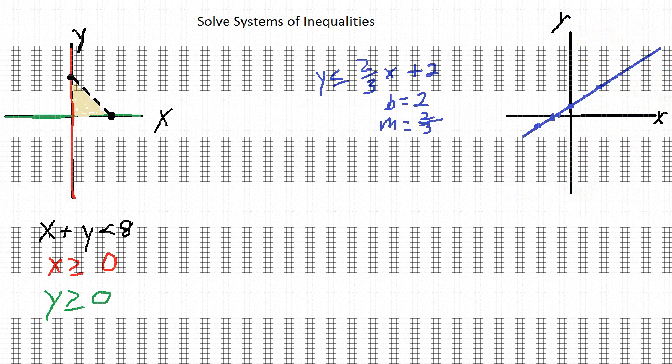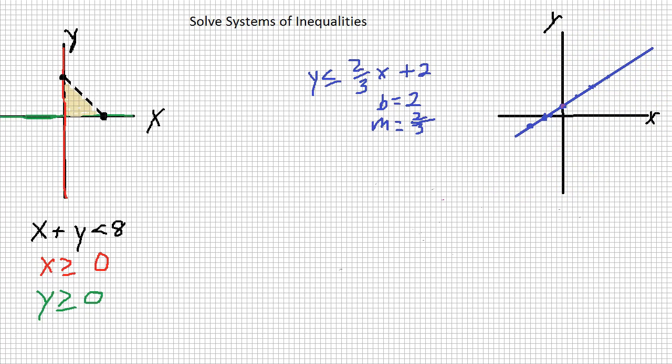Okay, now let's get us another one. All right, this one's going to be an absolute value graph. So we're going to have y is greater than or equal to absolute value of x minus 8. First thing we do is we identify our a, h, and k. So a, there's no number up front, so a is 1. h, there's no number inside, so h is 0.